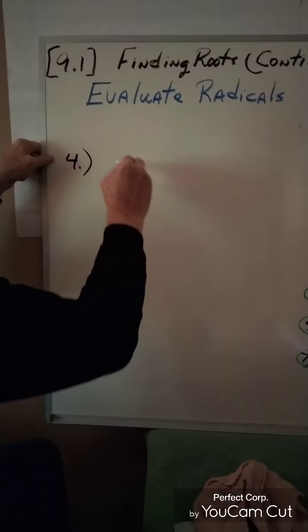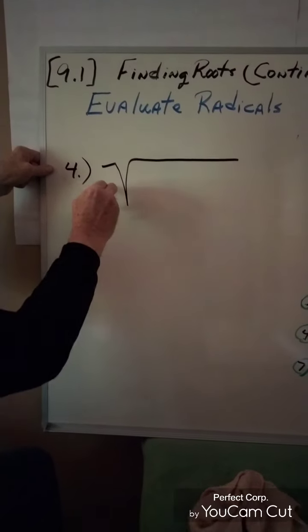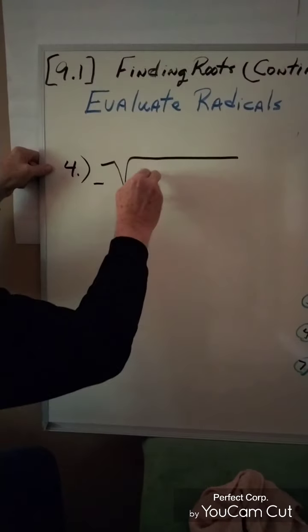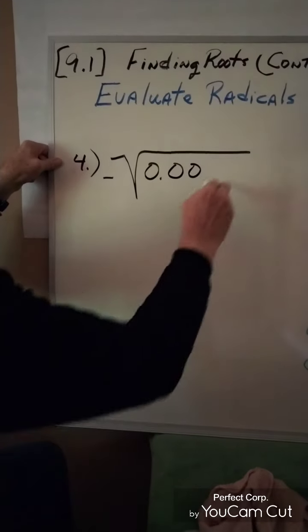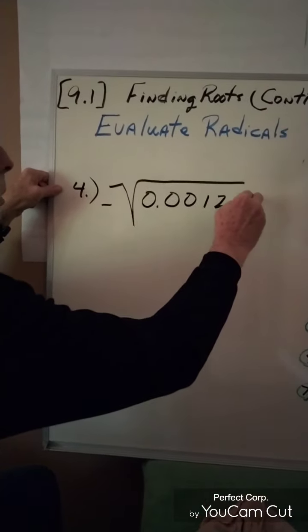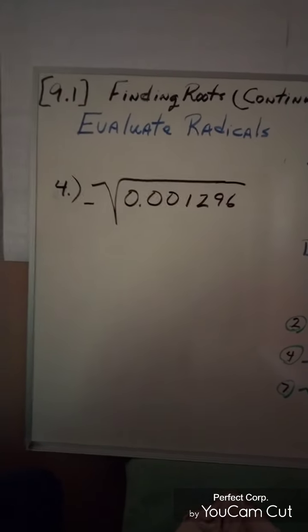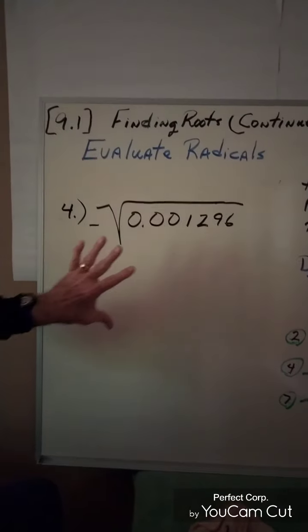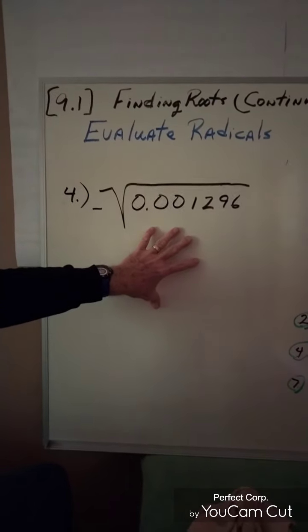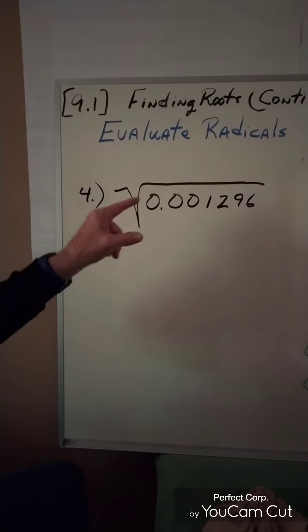Number 4. I'll put a negative sign out here. 0.001296. Now, for the sake of time, I'm not going to be doing any prime factorization for this one because that's not the emphasis of the key item that I want to discuss.